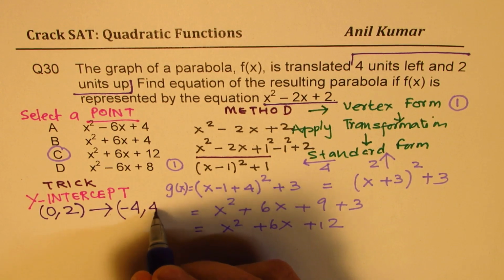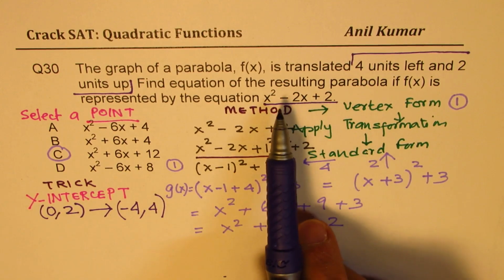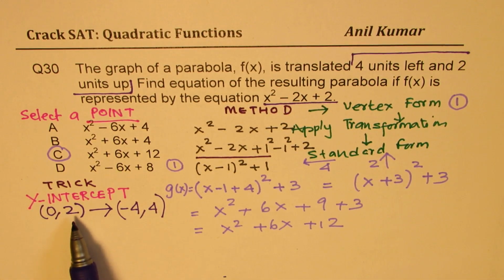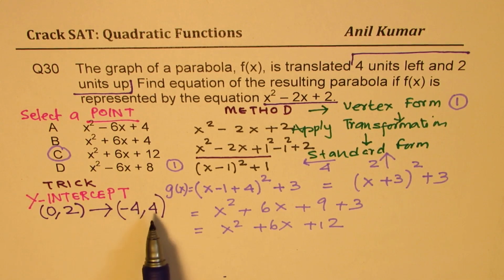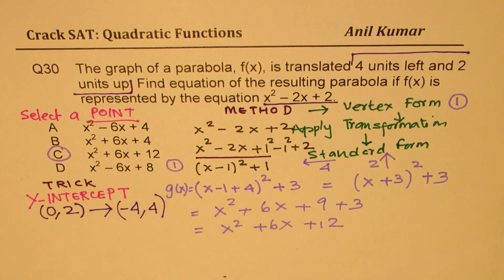So we get minus 4 and 4. So in the original point, which is 0, 2, we are looking for a transformed point which is minus 4, 4. Now in these equations, just plug in minus 4 and see when you get plus 4. So use your calculator.